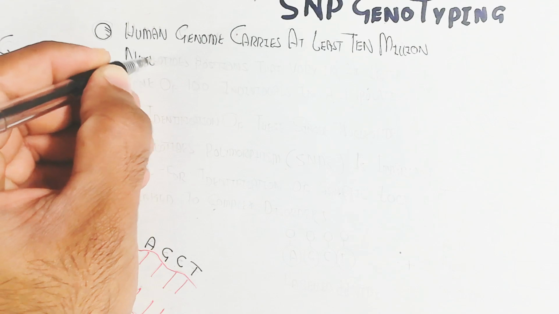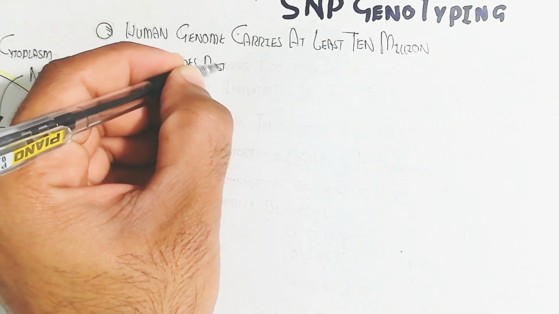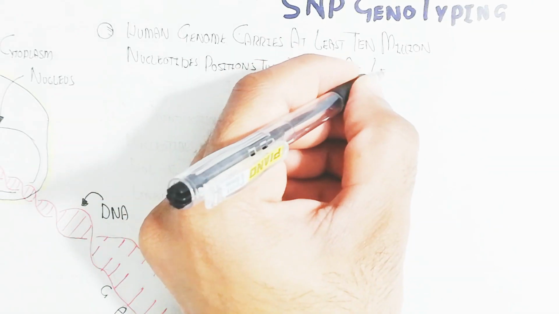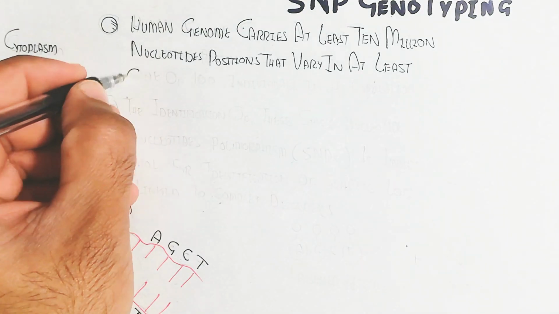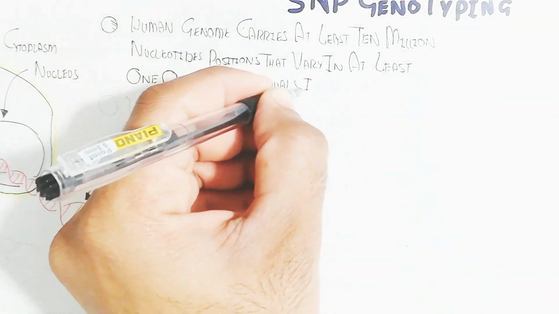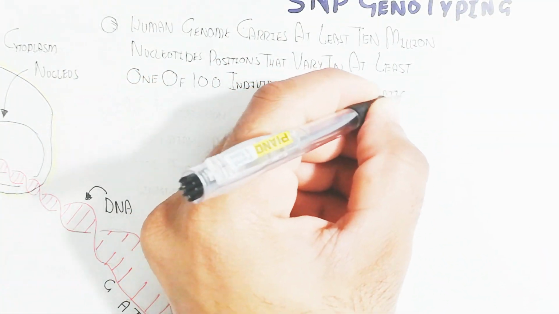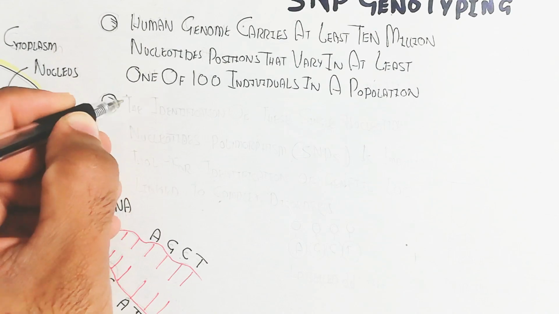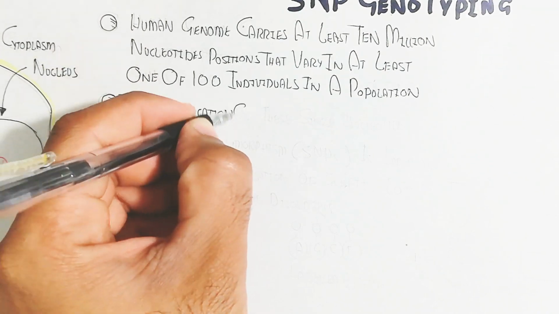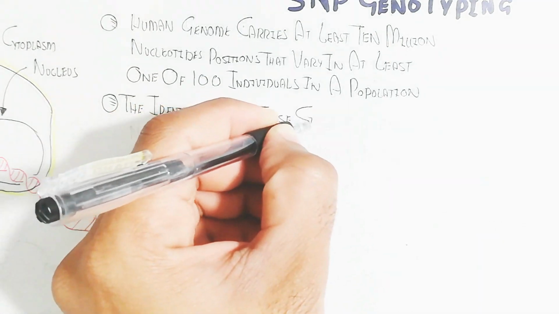So the human genome carries at least 10 million nucleotide positions that vary in at least one of 100 individuals in a population. So at least one of the 100 individuals varies.